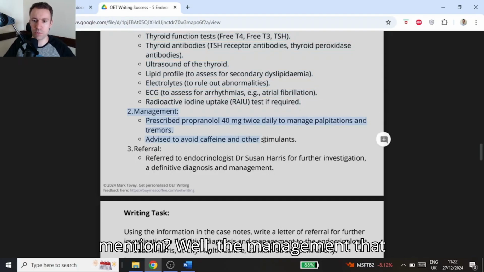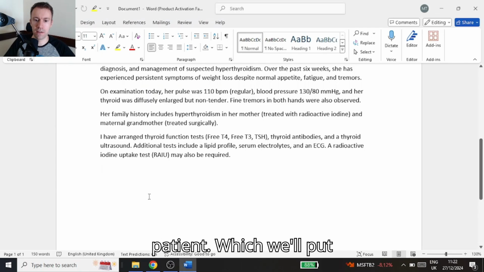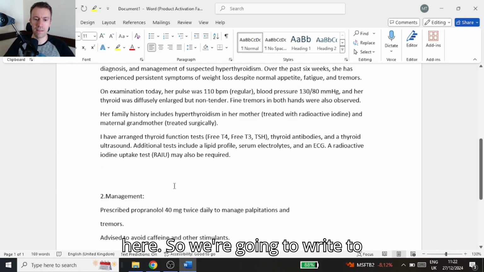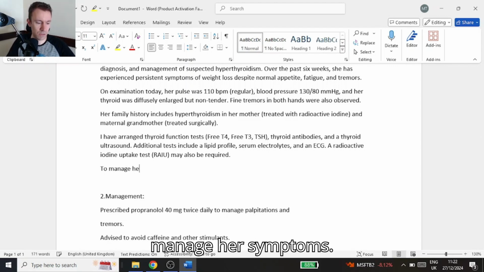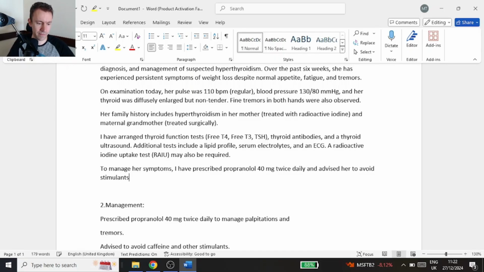Well, the management that we've already begun of the patient, which we'll put here. So we're going to write, to manage her symptoms, I have prescribed propranolol 40 milligrams twice daily and advised her to avoid stimulants.